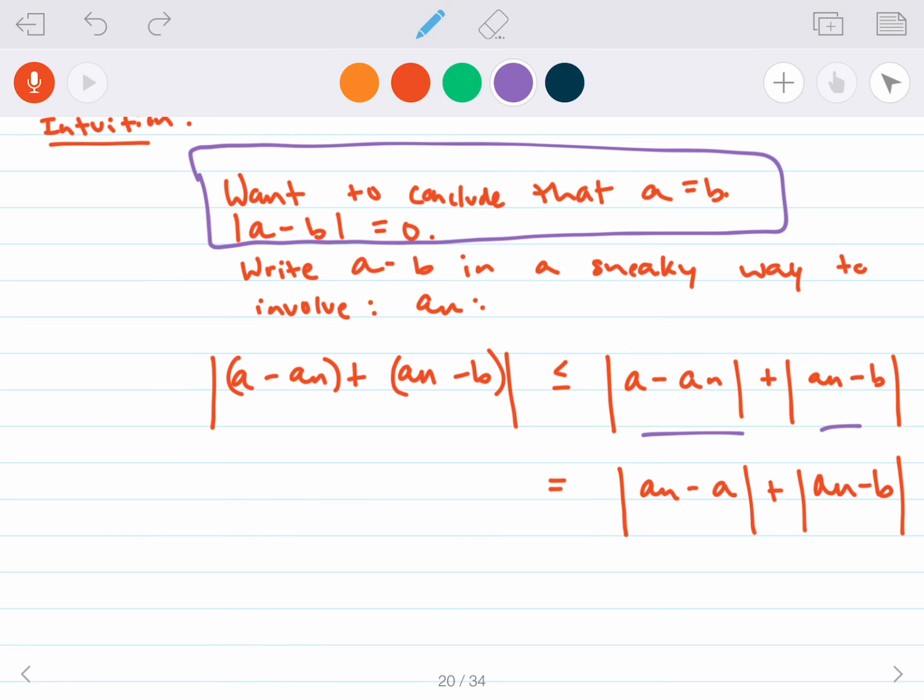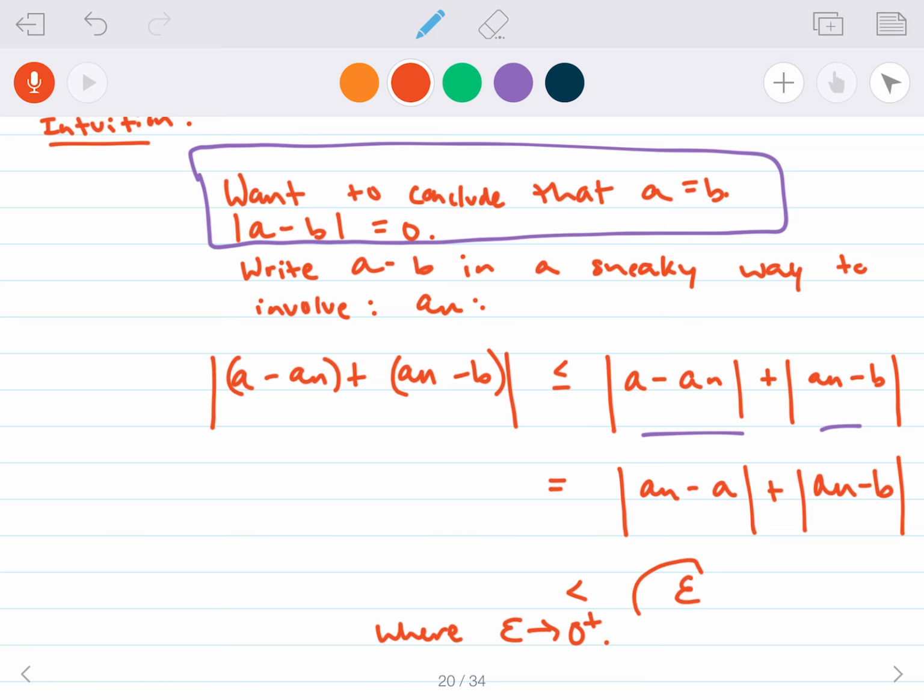Okay, so the idea here is that I want this to be less than epsilon, where epsilon goes to 0 from the right because epsilon's positive. Okay, so that's the idea.